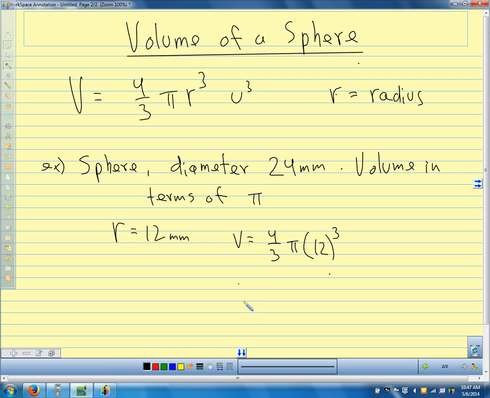This is 4/3 pi times 1728. On some calculators, they don't have that up arrow button. They have a button that says y to the x, something like that. And you would do 12, and then you hit that y to the x button, and then you hit 3, and then equals. So it works the same way. Some calculators have this button instead of the up arrow button.